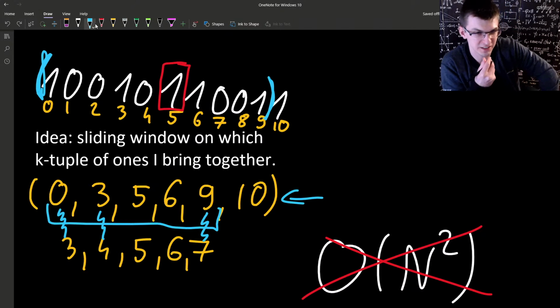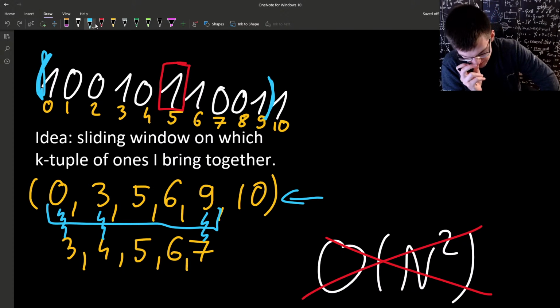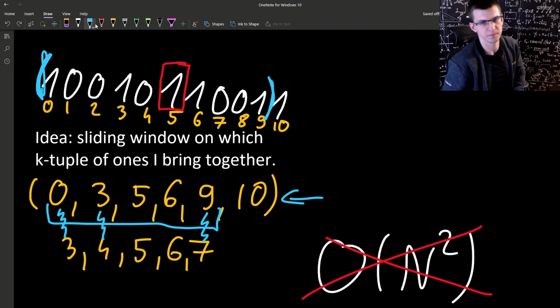And now either I need to focus on every one and compute how much distance it will cover, or I need to look at every zero and say how many times it will be jumped over. One of these two approaches. I'm not sure which one is better. Let's investigate this thing with zeros.